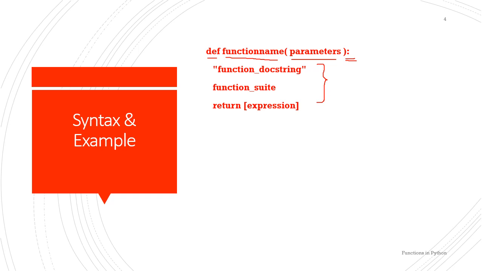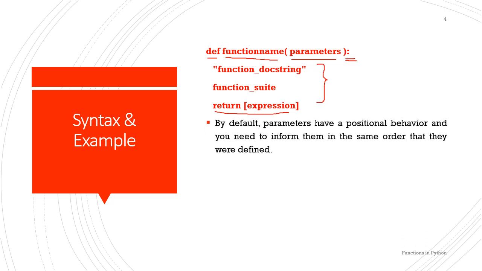Inside the function, the code needs to be indented, as told in the case of loops and branching statements. Inside the function block we can add a return statement. We can either return a value or return a None value from a function. By default, parameters have a positional behavior and you need to inform them in the same order that they were defined. That we will see later.